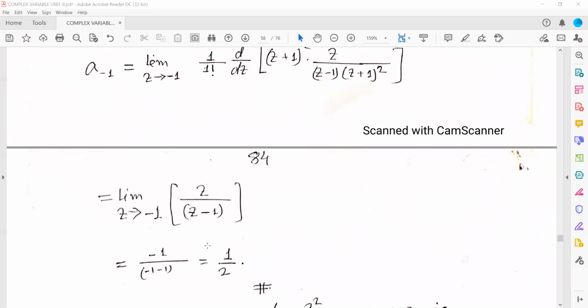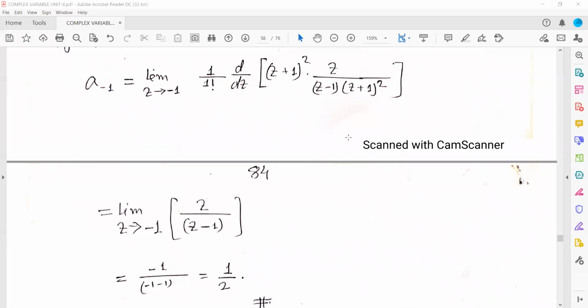Did I do something wrong? Just a minute. So this z plus 1 whole square will cancel out. Then you have to find the derivative of this one. So here I have made some mistake. Okay.